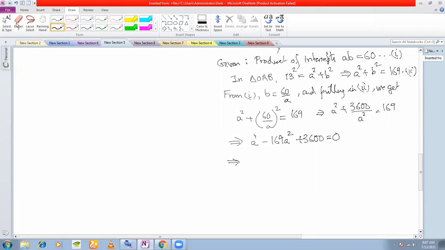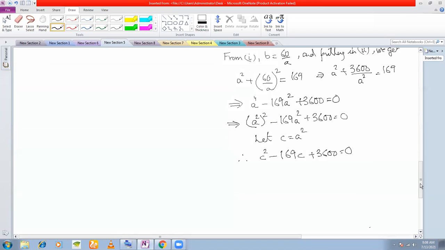You can write this as (a square) whole square minus 169 a square plus 3600 equal to 0. Let c be equal to a square. Therefore, what does this equation become? It becomes c square minus 169 c plus 3600, which is a quadratic in c, which can be solved.